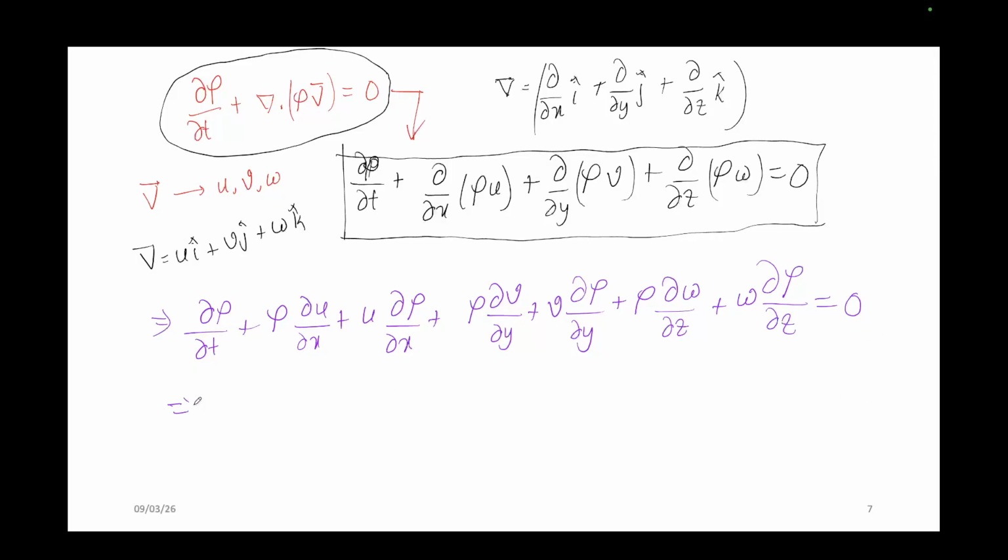Now, see, I just do one thing: I write the rho term in a single place, and plus you will get the rho term.